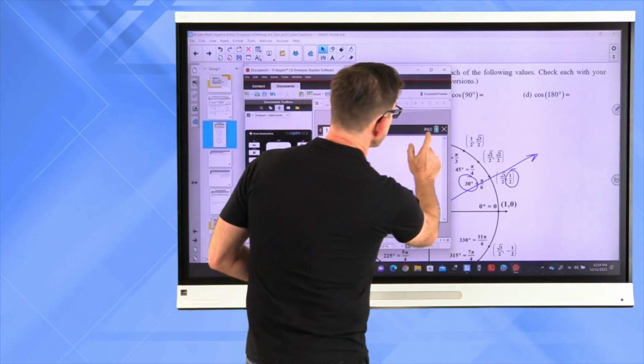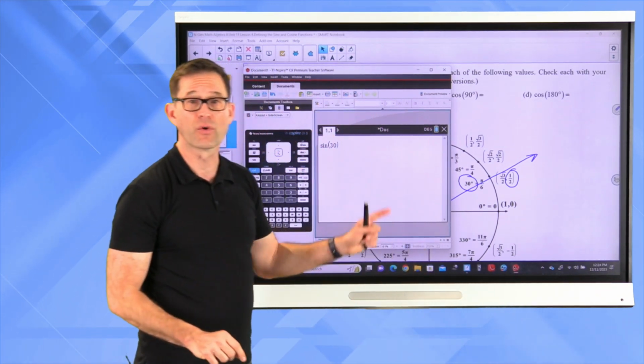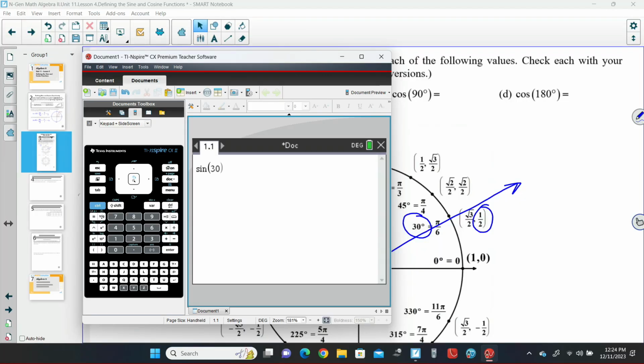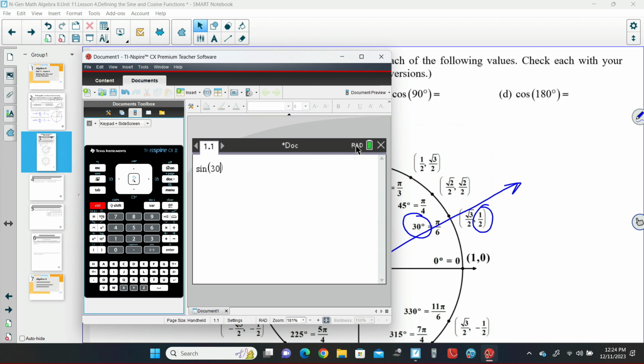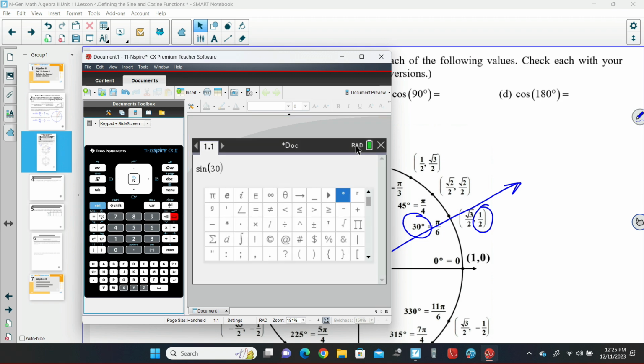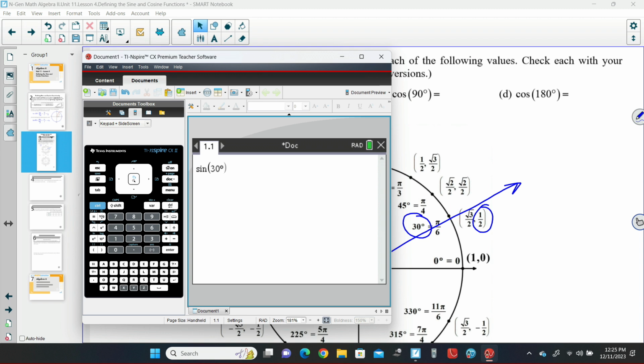I can either change my mode into degrees, DEG, or, let's say I have it in radians, I can hit this button, grab my degree symbol, and hit enter.